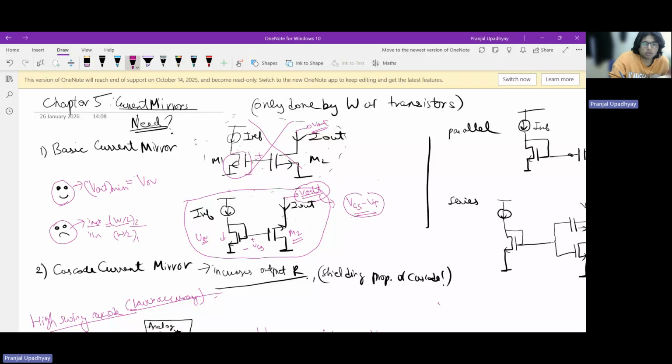But because of channel length modulation, an extra term appears, which is (1 plus lambda VDS2) over (1 plus lambda VDS1). Because of this, the current mirroring is not that accurate.